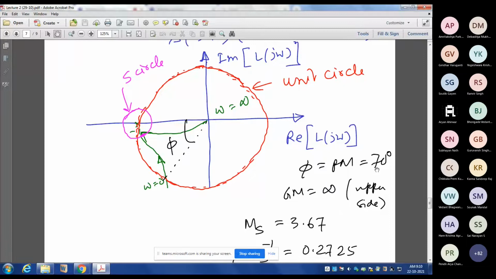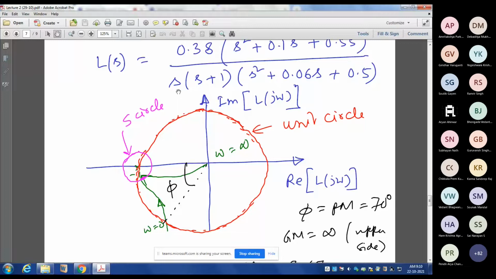That means it is good, and you can easily see from the figure that the upper side gain margin is infinity and the lower side gain margin is zero, because it is a stable system. Stable means there is a pole at s equal to zero, so you can reduce the gain to an arbitrarily small value.